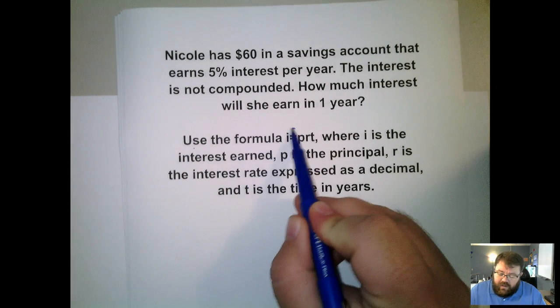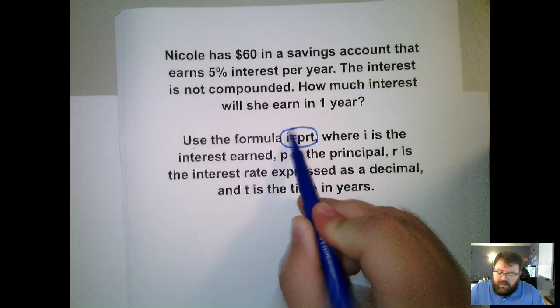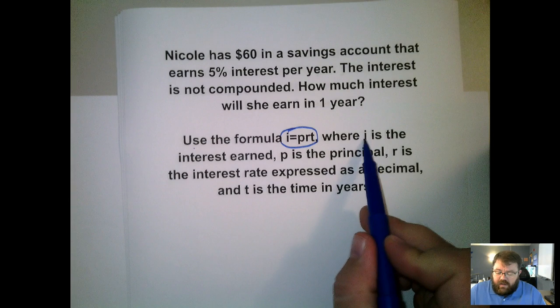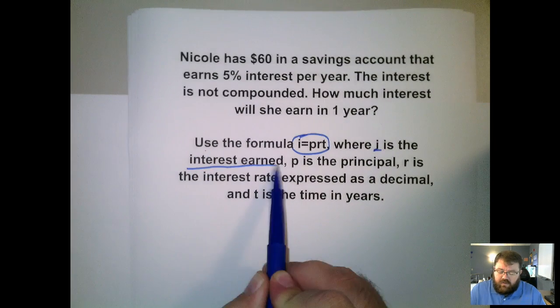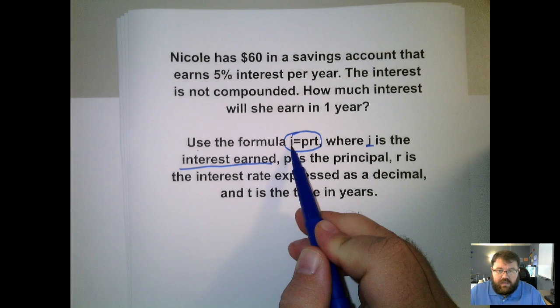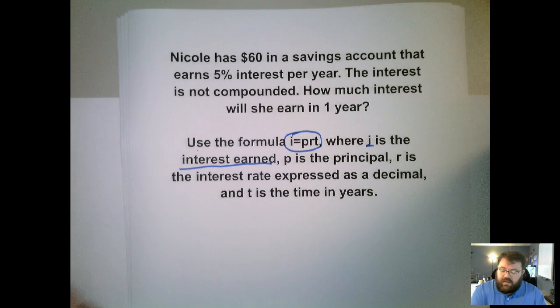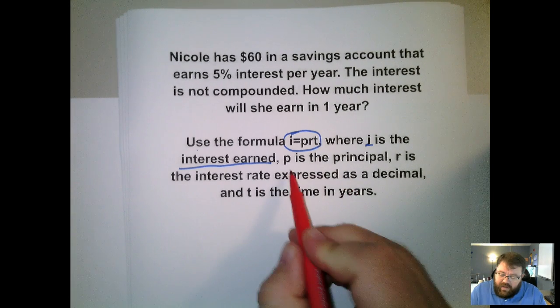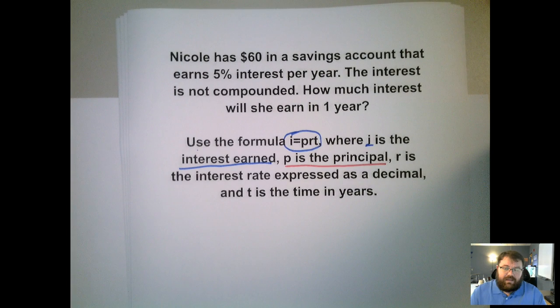Use the formula I equals PRT, where I is the interest earned. So this is going to be how much money they're actually going to pay you. That is what it's going to equal. P is the principal. Now, principal is how much you have in the bank, in your banking account, all right?